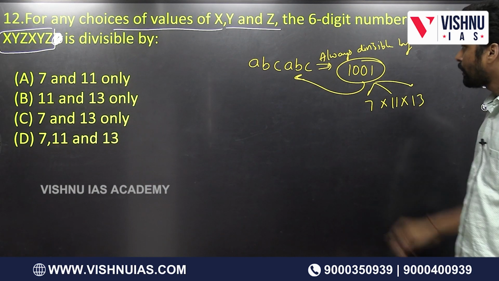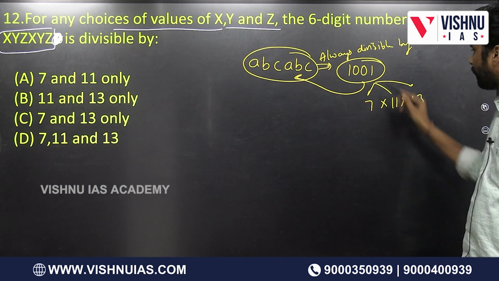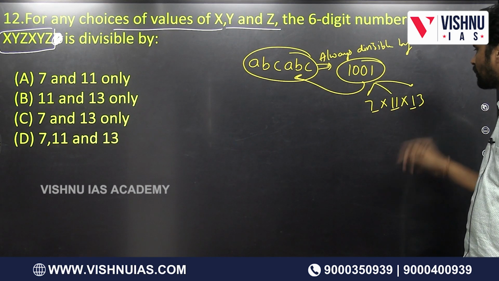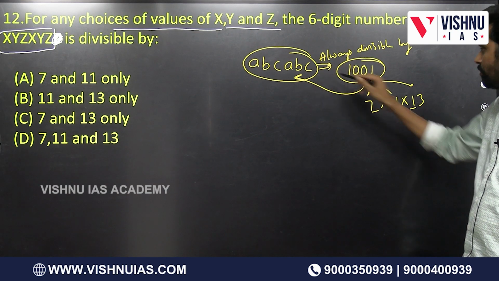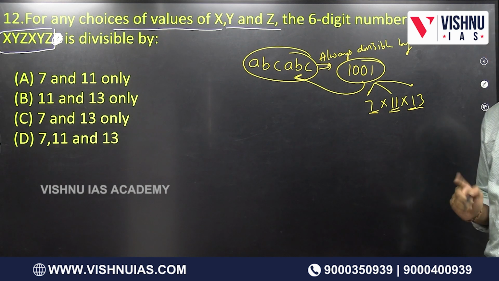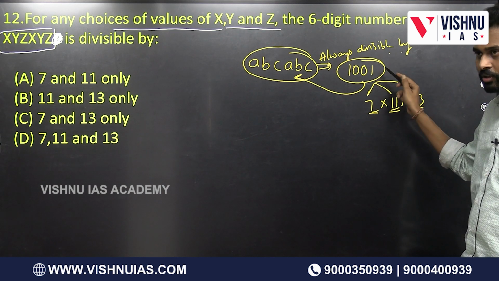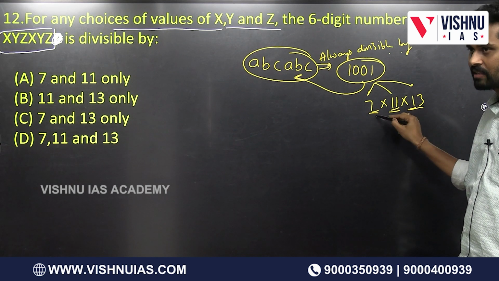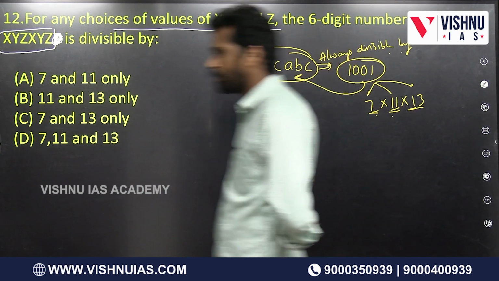So ABC, ABC is always divisible by 1001, which is 7 into 11 into 13. So ABC, ABC is divisible by 7, 11 and 13, because we can write it in this format.